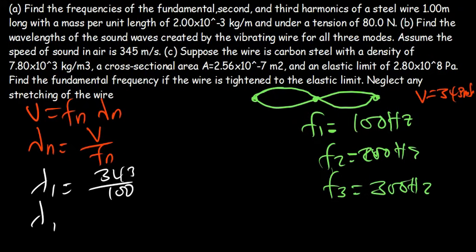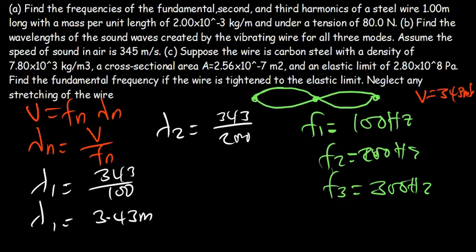So lambda 1 will be equal to 343 divided by 100. It is 3.43 meters. Then when n is 2, I'll say 343 divided by the frequency, that is going to be 200.